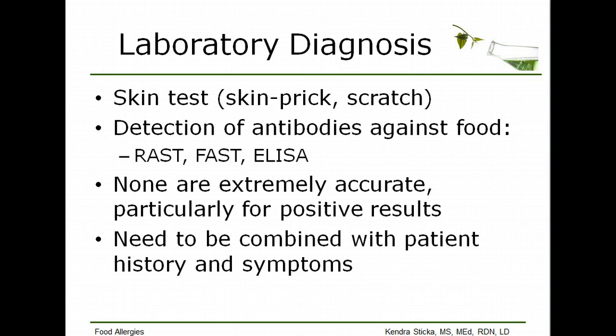So none are extremely accurate, particularly for positive results, meaning that if someone has a positive result on one of these tests, it kind of is a first line saying, maybe there is a food reaction, there seems to be some sort of reaction, but then again, the practitioner who's doing the diagnosis needs to combine that with the patient's history and symptoms.